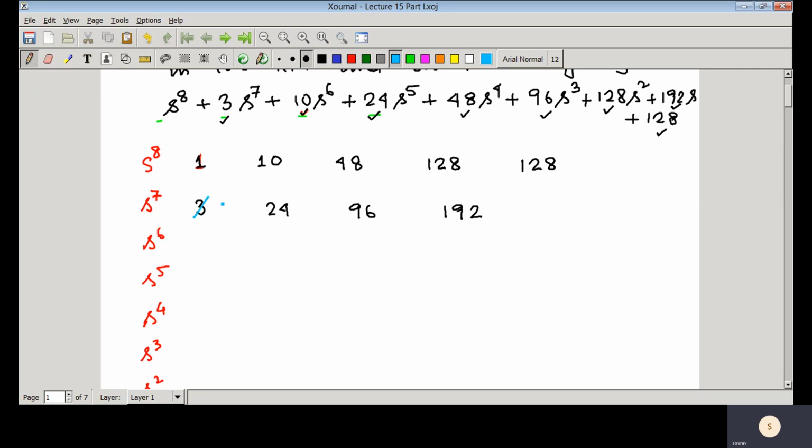Here if you divide by 3, that would be 1, 8, 32, and 64.